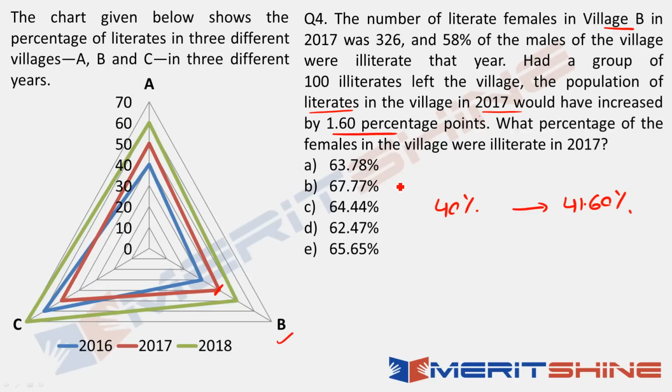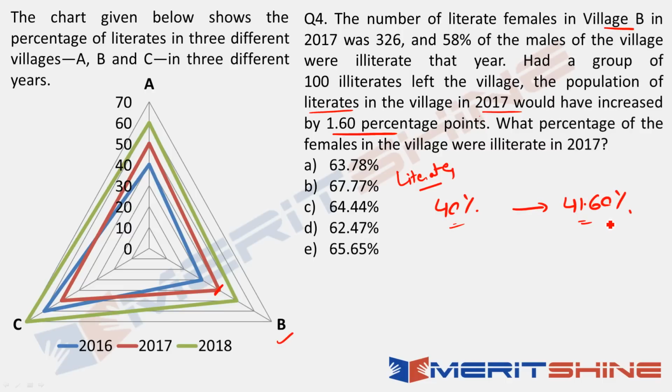So I'm talking about literates here, in this village B in the year 2017. From 40% to 41.6%, though the number has not changed. Only 100 illiterates have left, but the literate population as such has not changed. So what would you do? Again, we'll use proportionality. When can it happen?